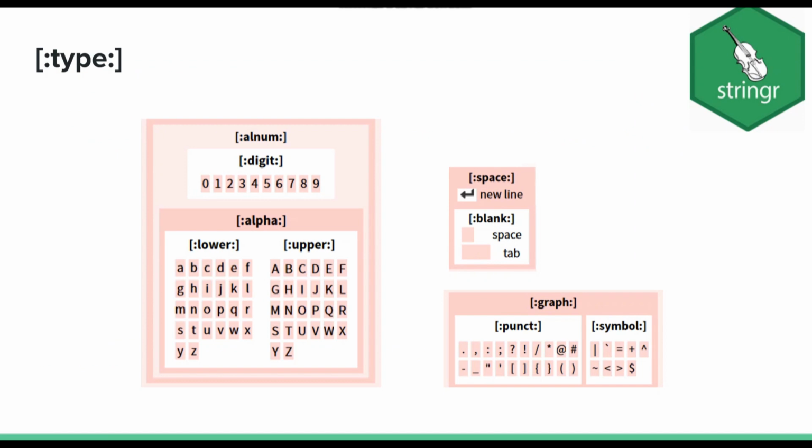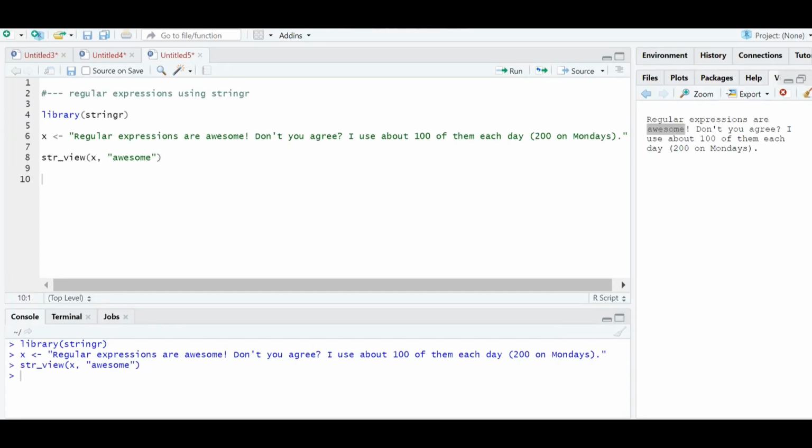The following examples of regular expressions can be used to match all instances of a particular type of character or word within a string. For example, all digits, all characters, all upper or lowercase characters, all punctuation, or all white spaces. Let's check how this works.